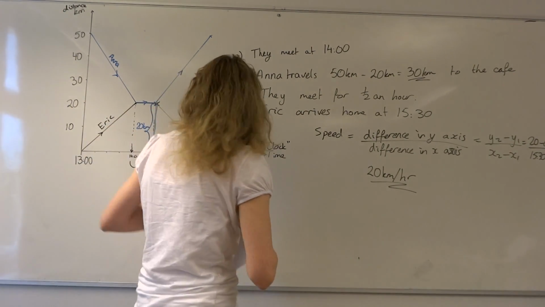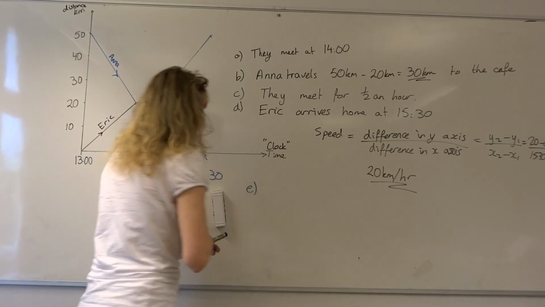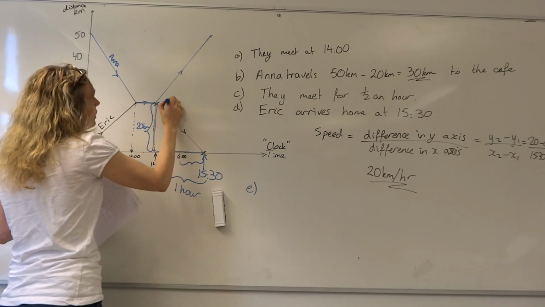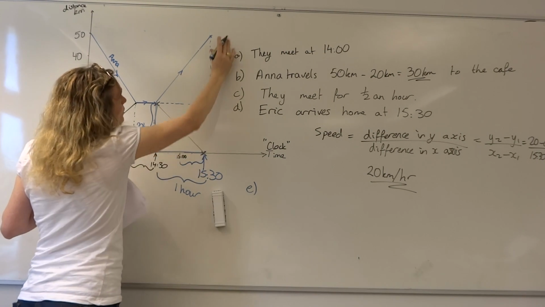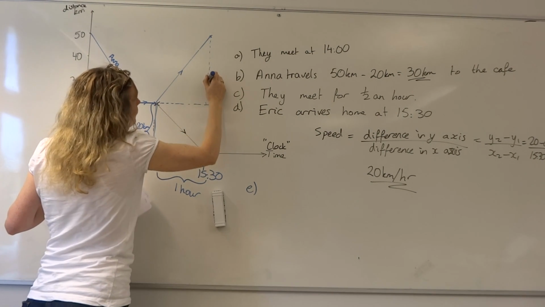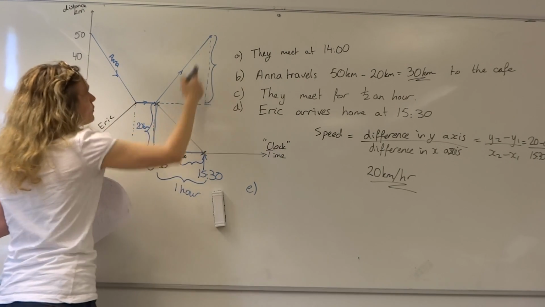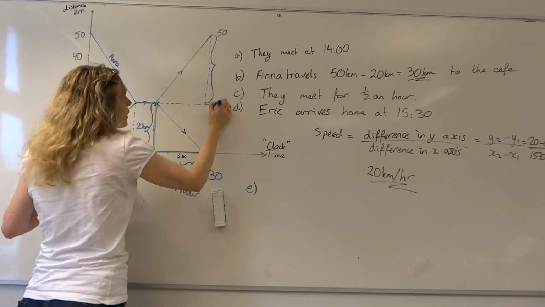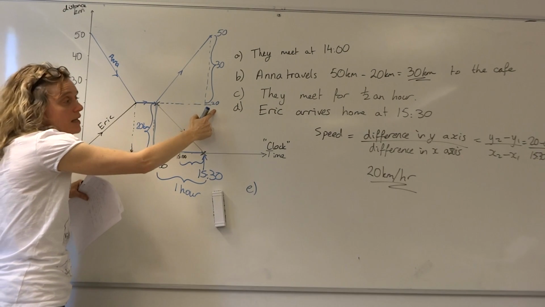For Anna then, we're going to take Anna's line, and we say, what's the difference in the y-axis between 50 kilometers and 20 kilometers? It's 30 kilometers, for 50 minus 20 is 30.